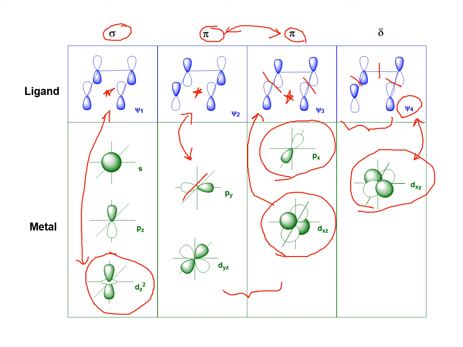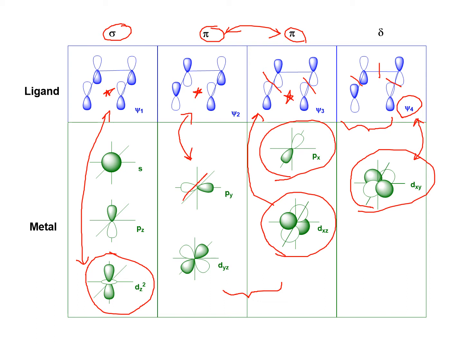What is the meaning of a delta overlap? The delta overlap is something that is going to lose overlap when you rotate it. By 90 degrees, it will come to a perfectly opposite configuration. If you rotate it by 45 degrees, you will lose overlap completely.